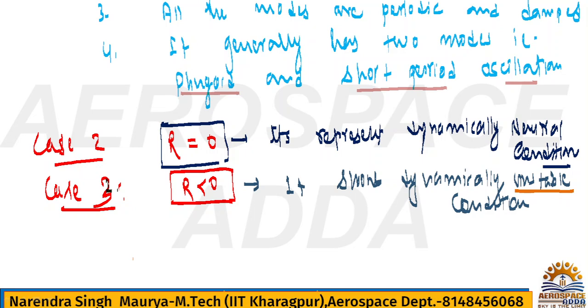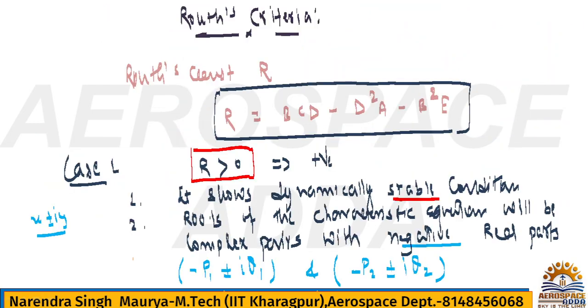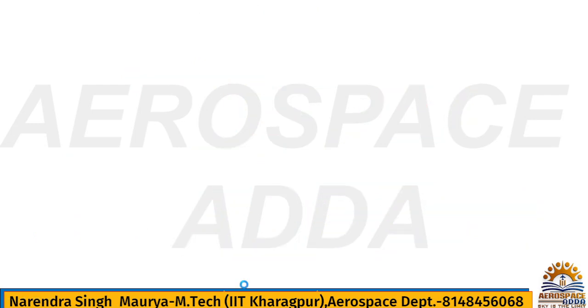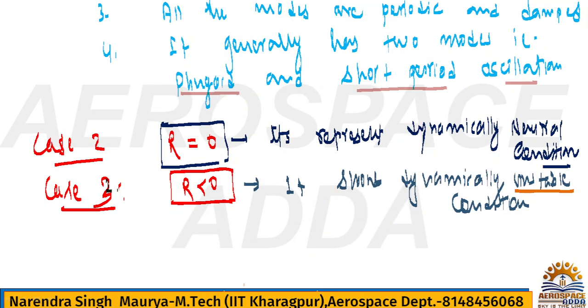If power 2 is there, a quadratic equation, then 2 roots. Like in the previous case I had shown you, definitely power 4 is there, so 4 roots will be there. But in the 4 roots, 2 roots of the characteristic equation will be a complex pair, at least 2 roots. So here I have written. Similarly here, if r is less than 0, then obviously power 4 is there, so 4 roots will be there, but among the 4, at least one complex pair will be there.